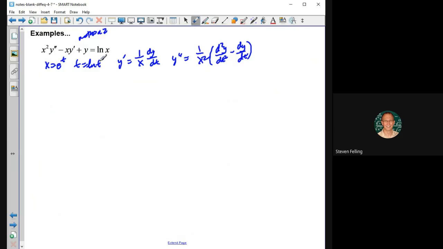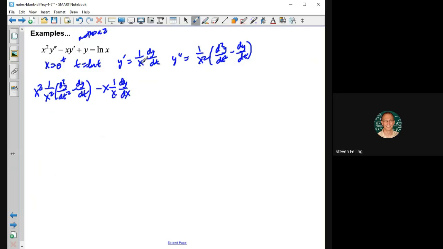All right, so let's carefully do all the substitutions here. We have x squared, and then for y double prime, we use this substitution, which is 1 over x squared, d squared y dt squared minus dy dt. Okay, and then I have minus x times y prime, but y prime is 1 over x dy dt.